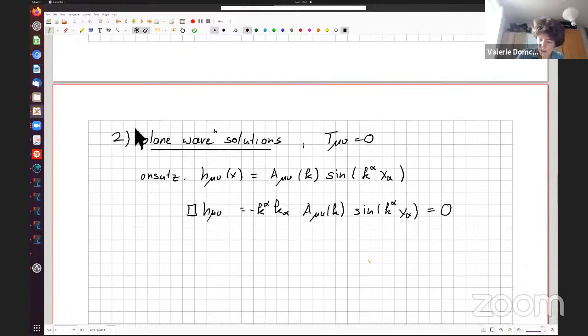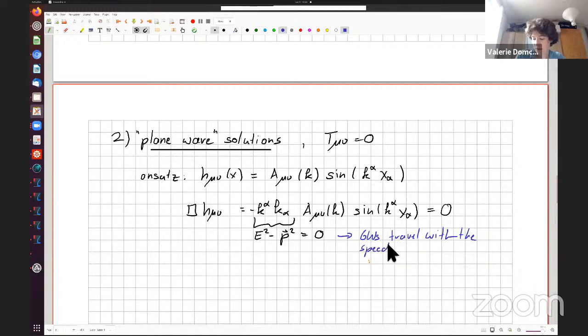And now, in order for this to be 0, what do we need? We need that this thing has to be 0, and this thing is, of course, nothing else than E squared minus p squared. So the fact that this has to be 0 tells us that gravitational waves travel with the speed of light in vacuum.